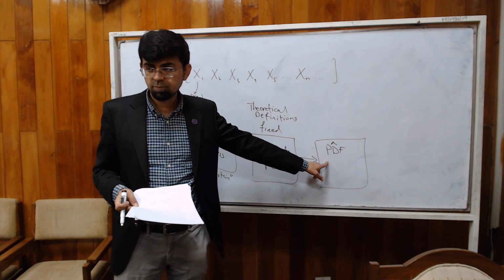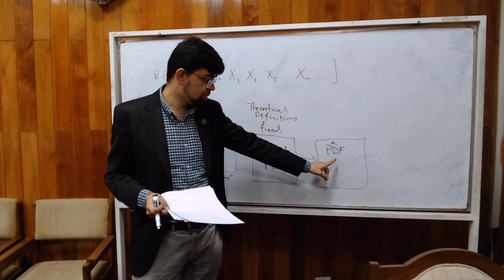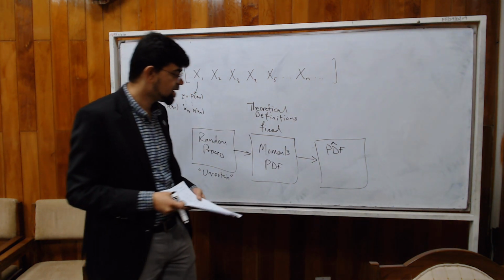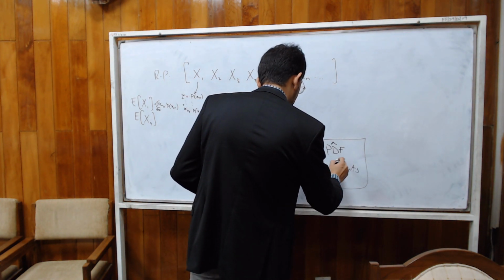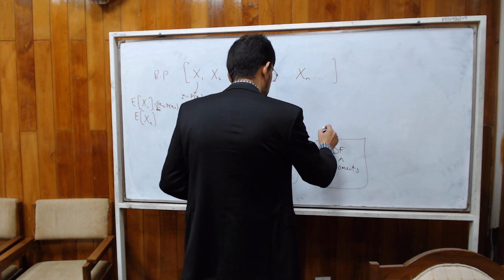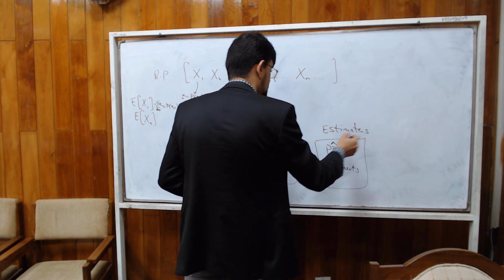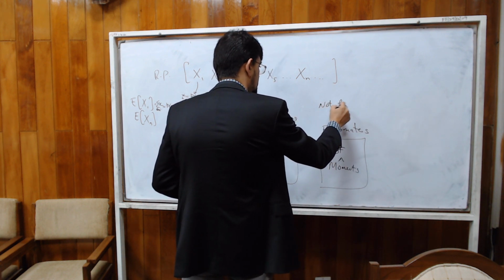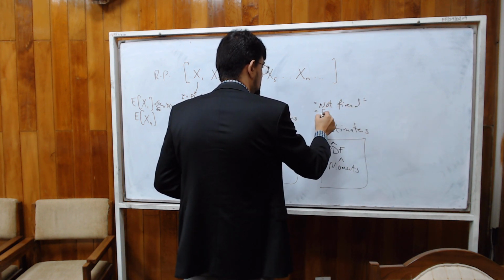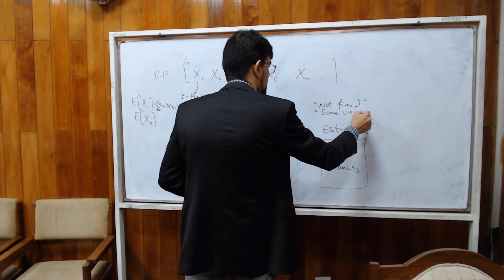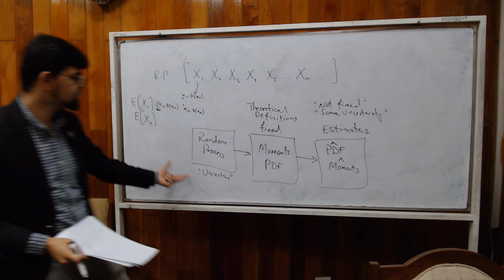Your estimate might be so perfect that it always gives the exact same values, fine, but otherwise this is an estimate of the PDF, and then you have to estimate the moments, and these are now estimates. They are not fixed, and there is some uncertainty in there. So from uncertainty back to uncertainty.